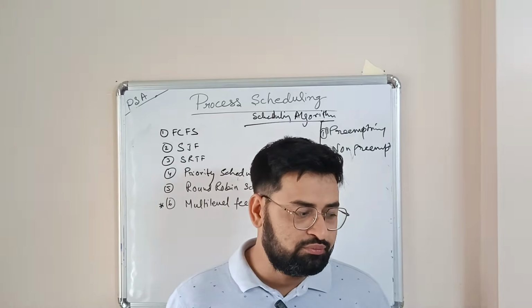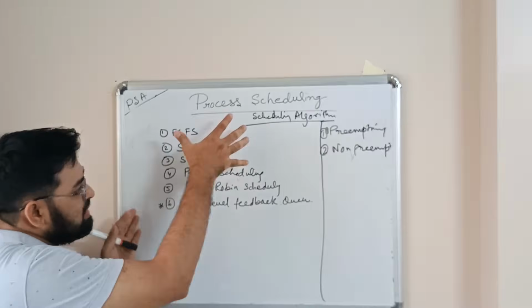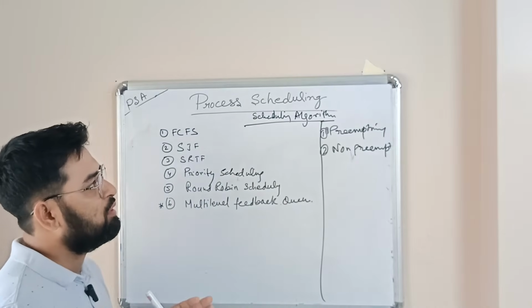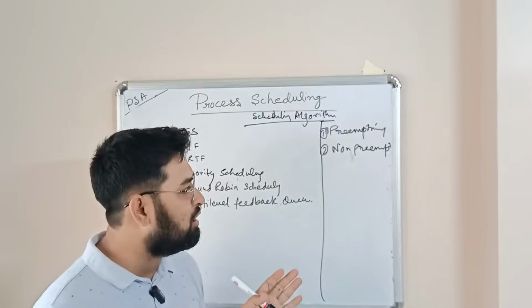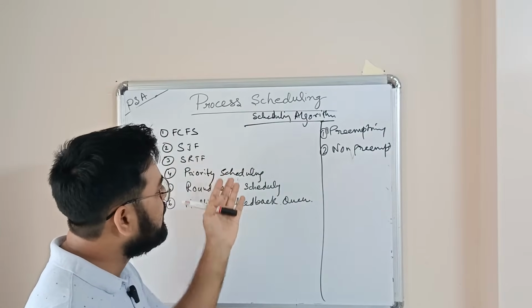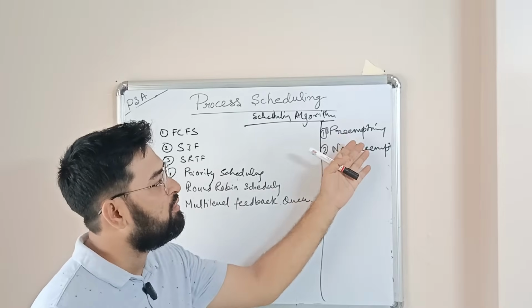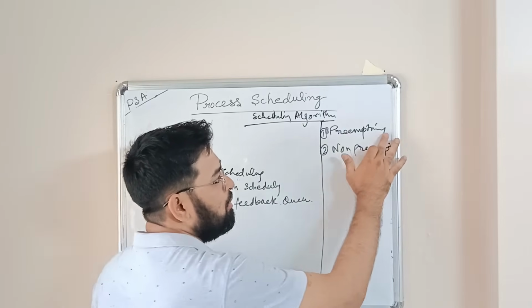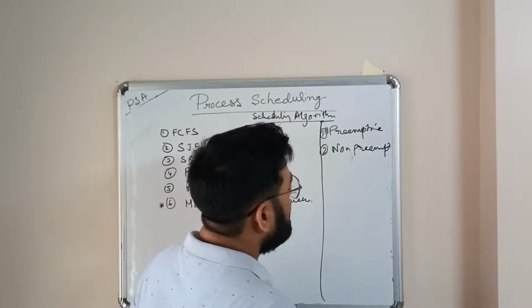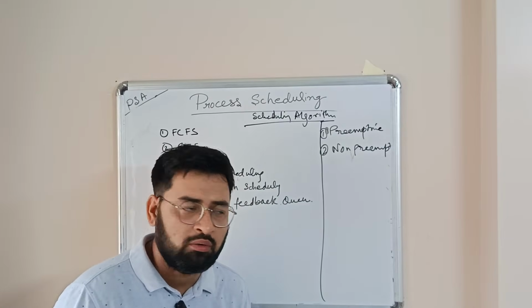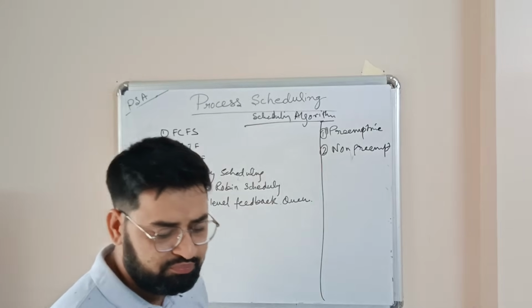That's it. So these are the 6 important algorithms of process scheduling, called scheduling algorithms, and these scheduling algorithms follow preemptive or non-preemptive manners.